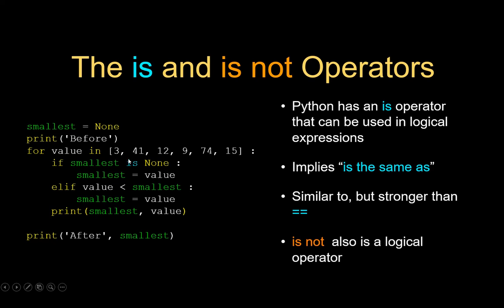When we have is, we just want to make sure that it is talking about the value and type, and the double equal sign is only talking about the value of the variables.